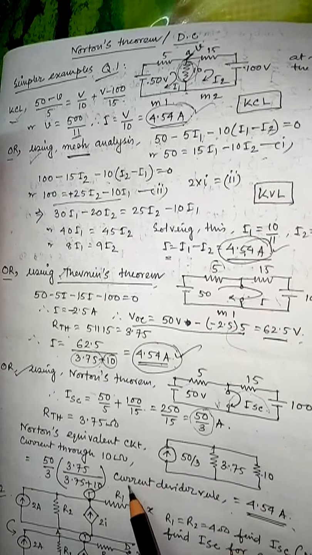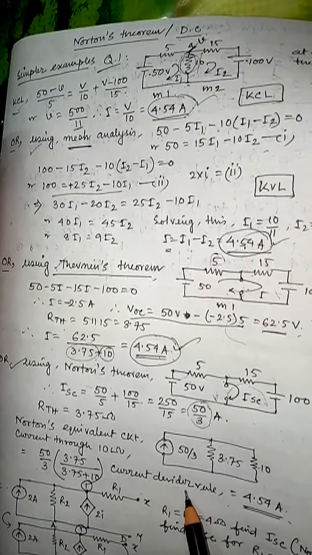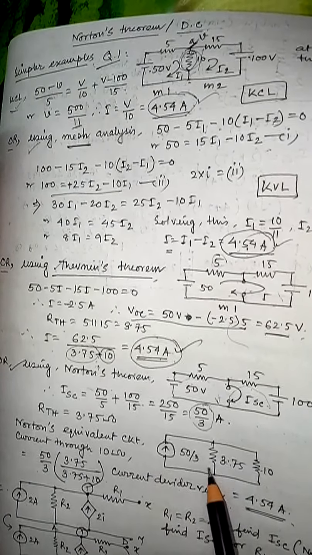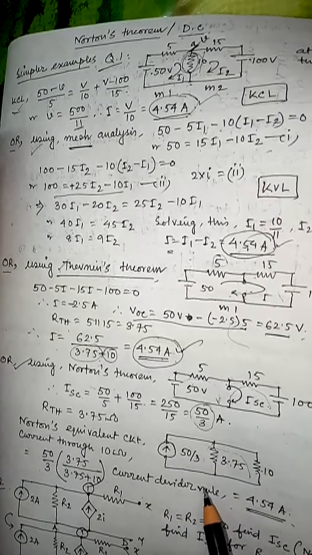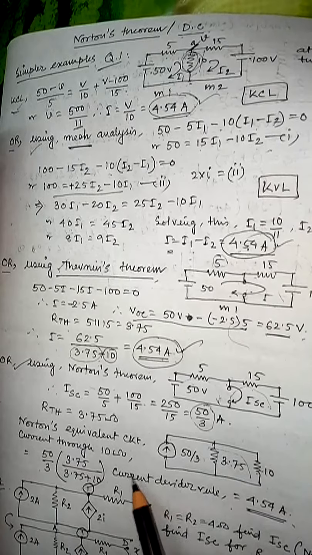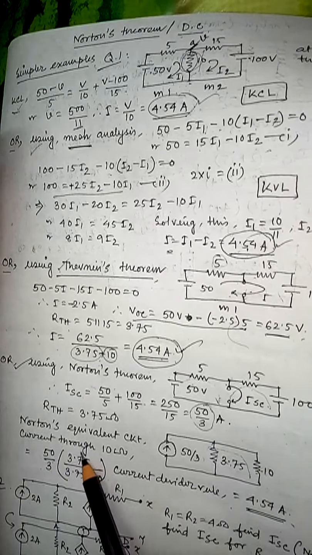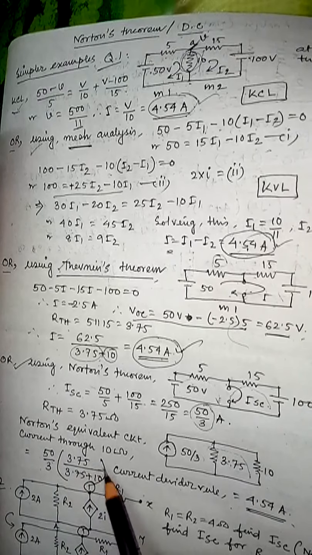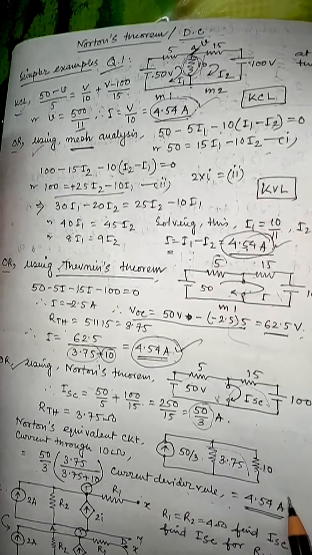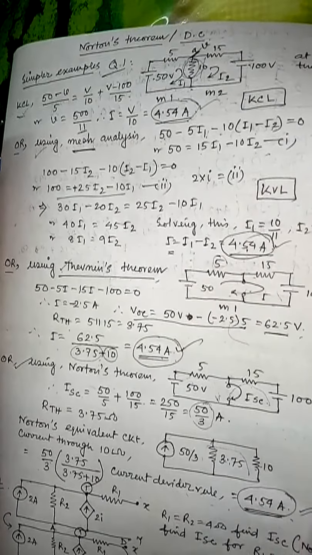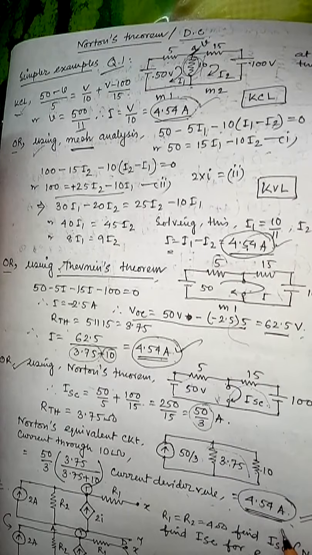So finally I will be getting the current divider rule here, and the current is flowing to this and to this also. So what is the current through this 10 ohm resistance? That is 50 by 3, that is the current, and using this current divider rule, the final current is again 4.54 ampere. So that is the final answer using Norton's theorem.